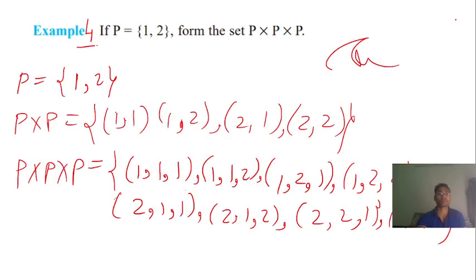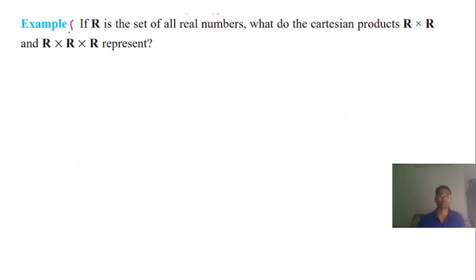Coming to example number 5 right now. If R is the set of all real numbers, what do the Cartesian products R cross R and R cross R cross R represent?